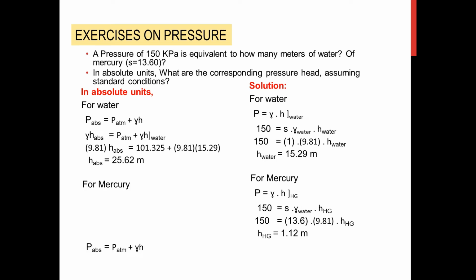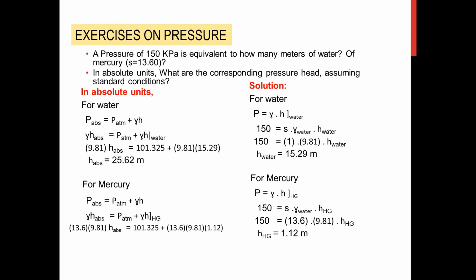For mercury, we do the same. We write the equation that absolute pressure is equal to atmospheric pressure plus gamma h. And again, expand the equation. Gamma h for absolute is equal to atmospheric pressure plus gamma h of mercury.